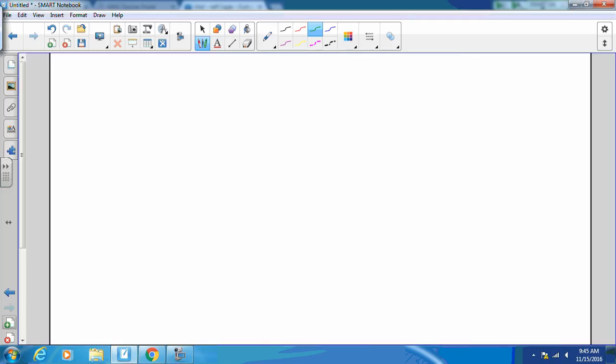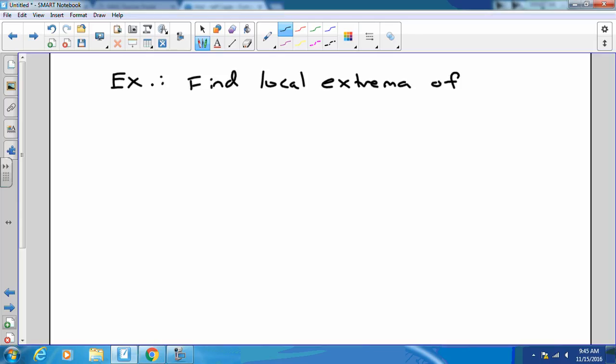Good. Now, second derivative test. Let's take a look at places where we might use the second derivative test. Find the local extrema of this function, which should look fairly familiar. To find the local extrema using the second derivative test, we need to establish two things.